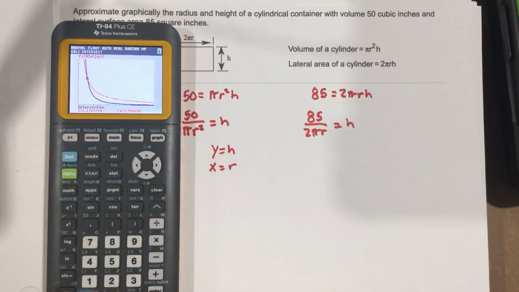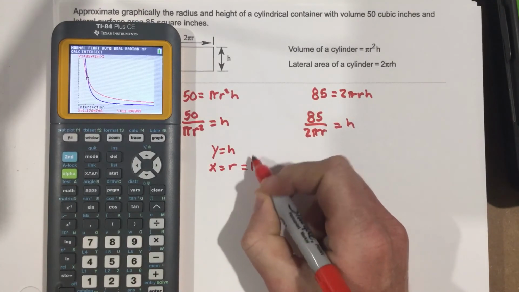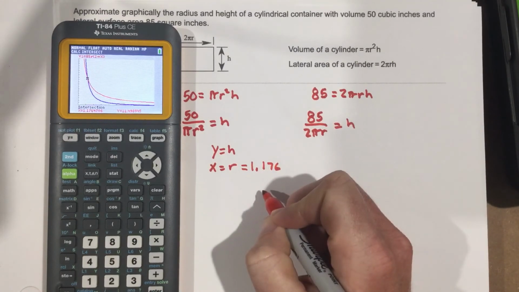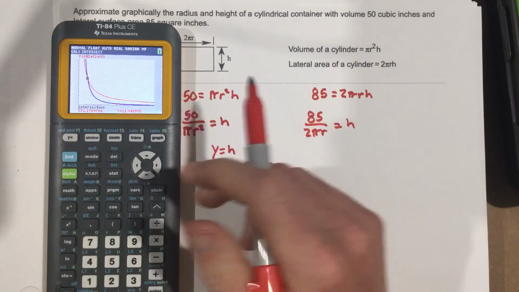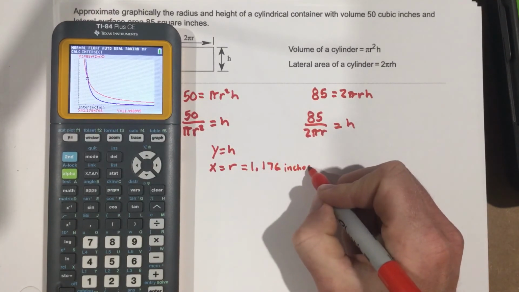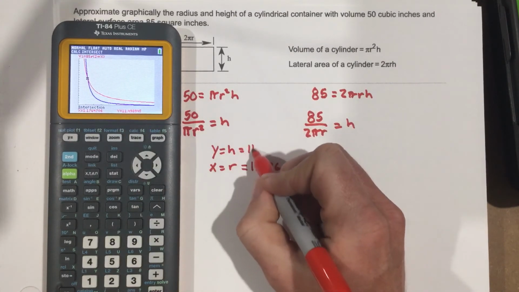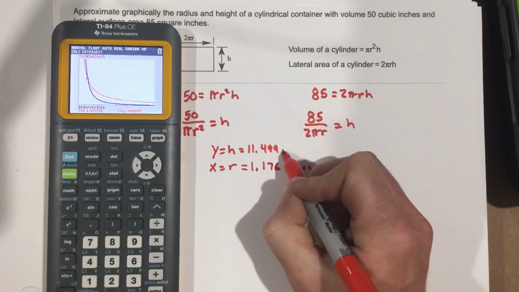It tells us that our x value, or our r value, is 1.176, and remember this is talking about inches, so this would be inches. And our h value, which is y, is 11.499 inches.